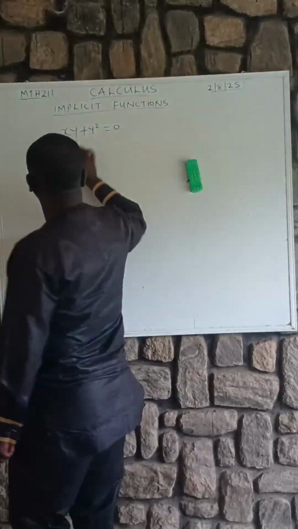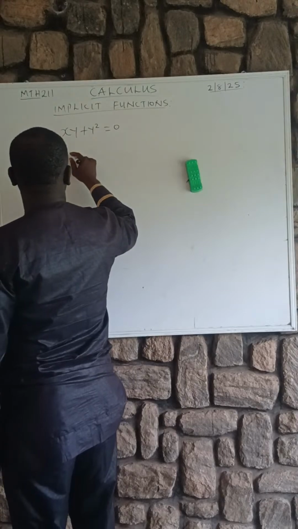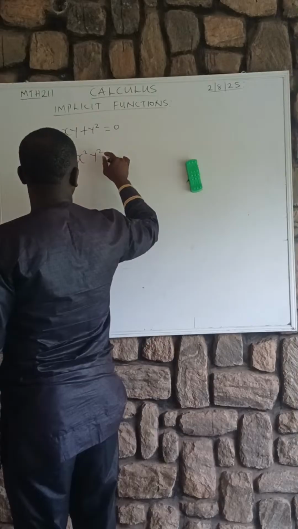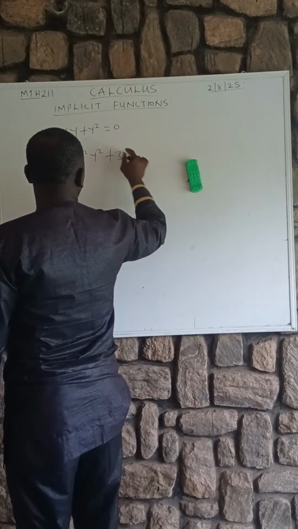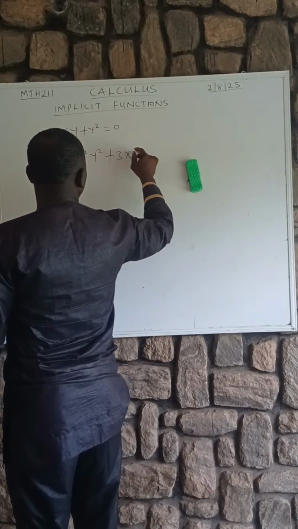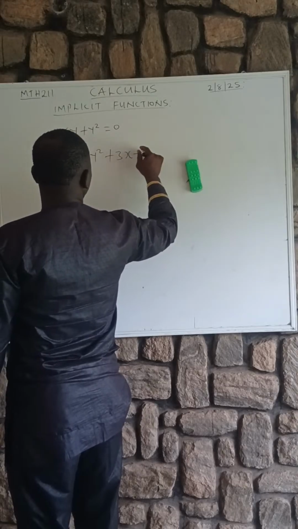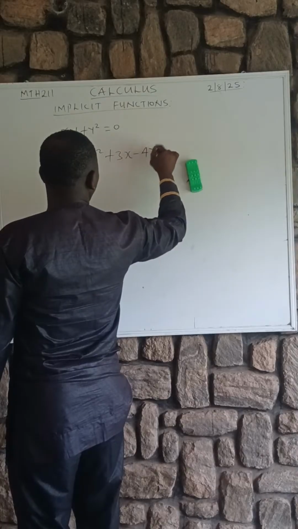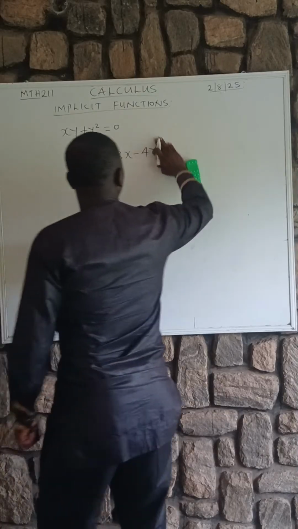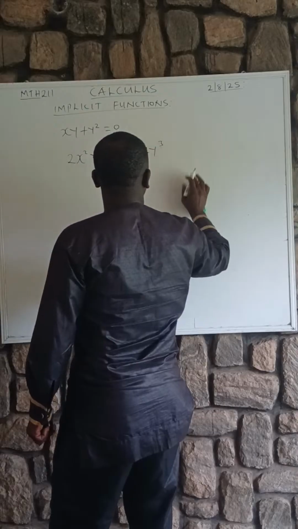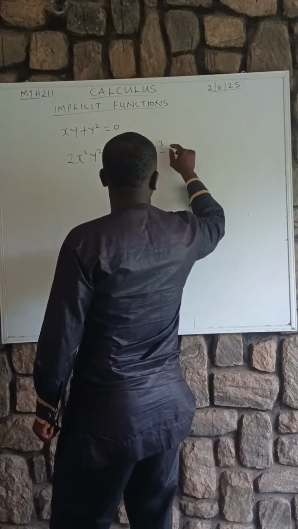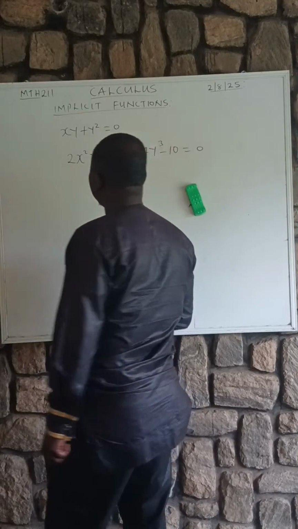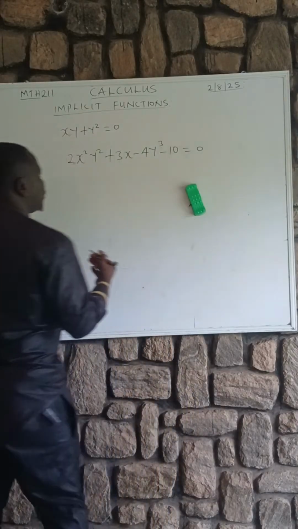Sometimes you may see it in this form: 2x squared y squared plus 3x minus 4y cubed minus 10 equals 0.